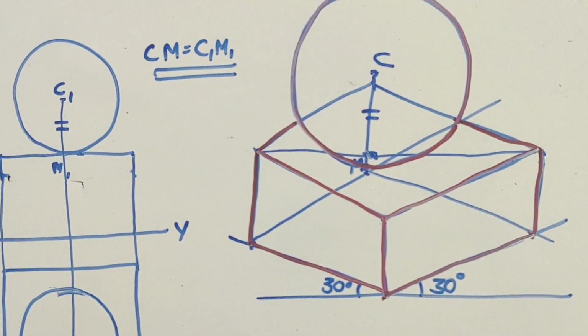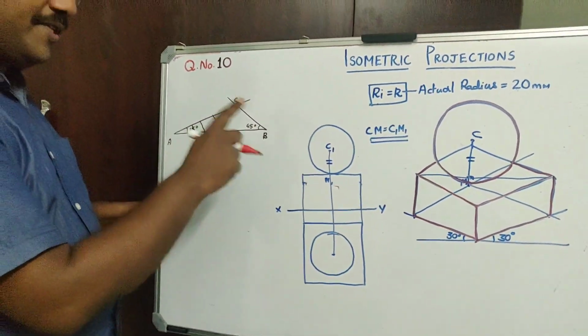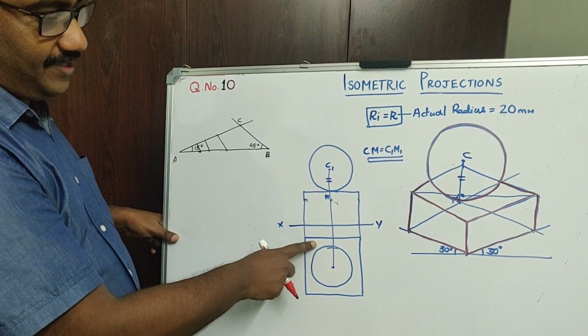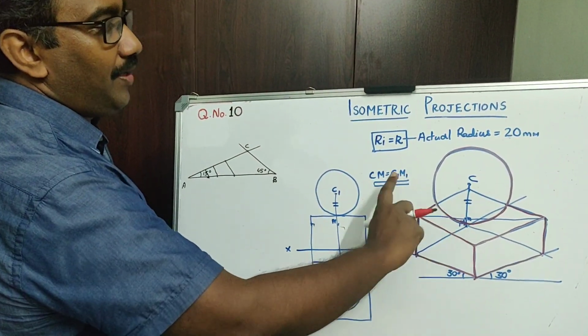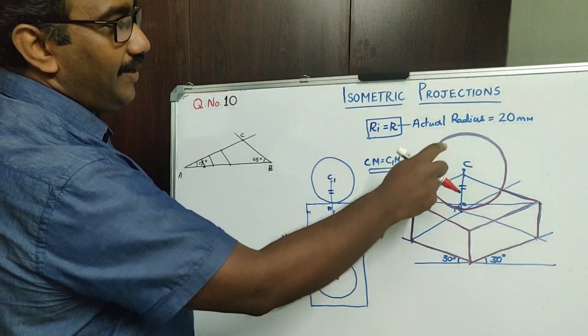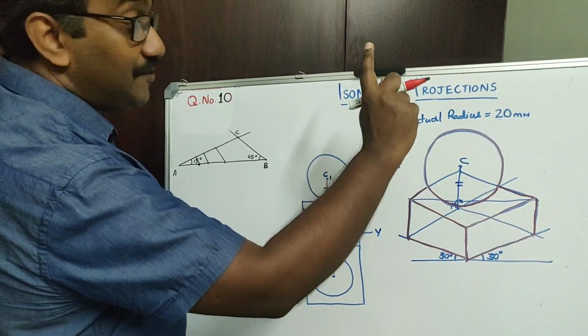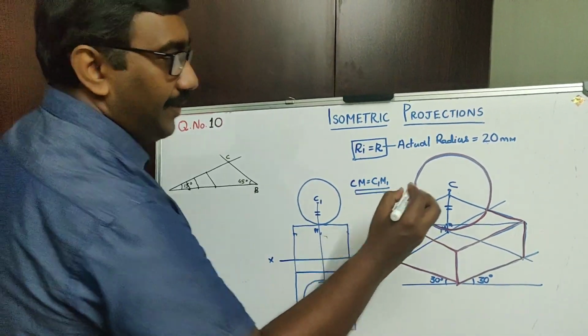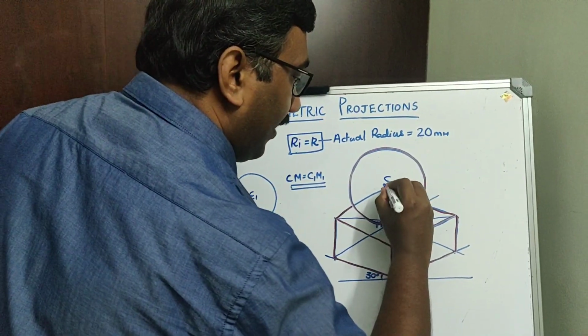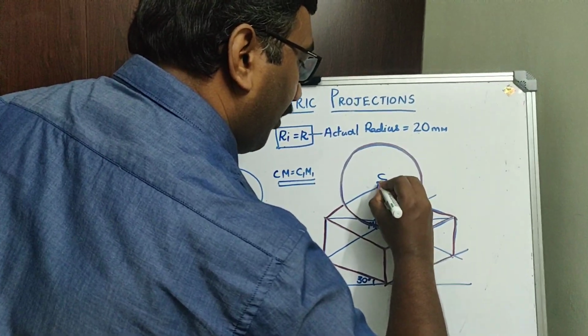We have started with isometric scale. Using scale we have drawn the simple position. Using the simple position we have gone for the isometric view. And in the isometric view of the sphere we have taken Ri, that is the radius. I will mark this radius Ri here, then it will be more clear to you.